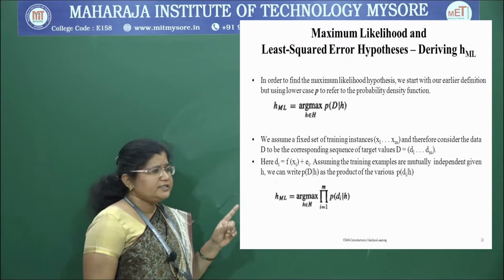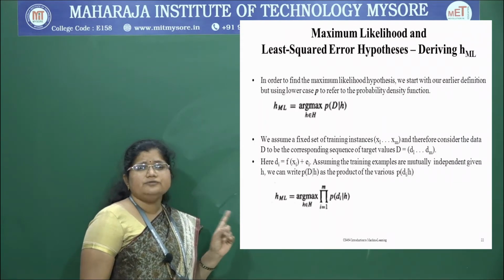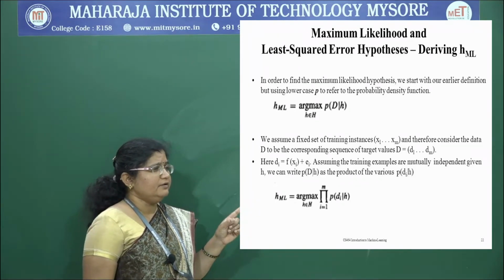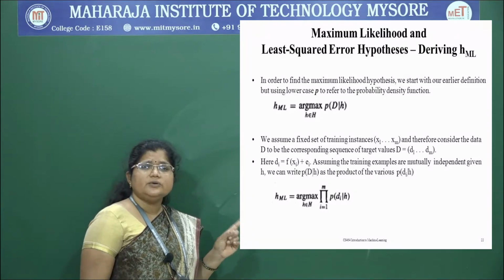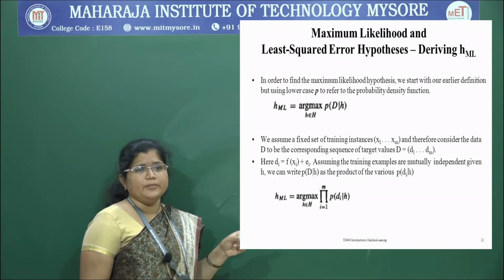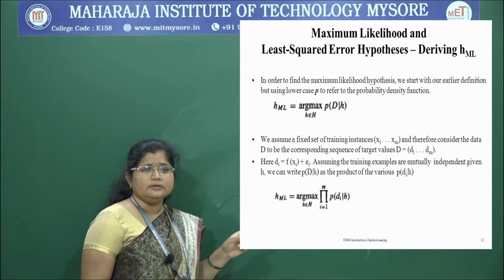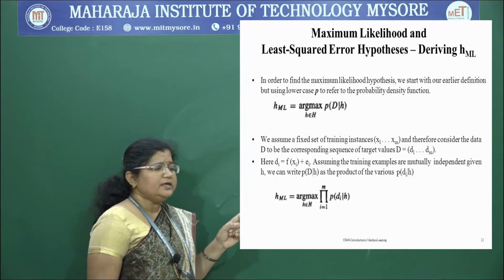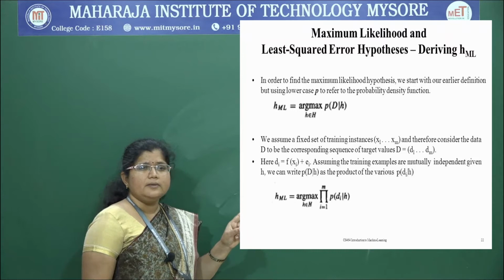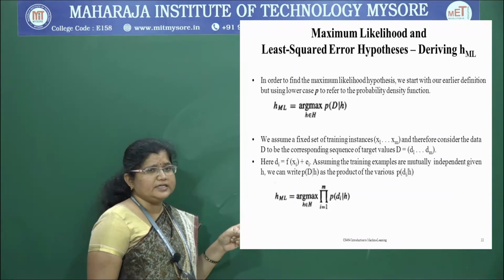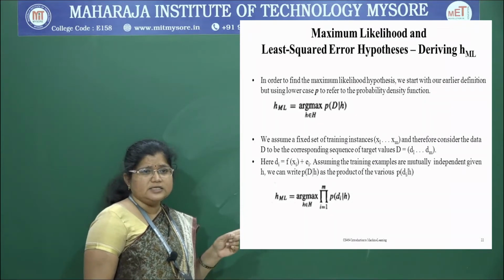X indicates the set of training instances, and capital D represents the sequence of target values, D equals d1, d2, up to dm, where di is equal to f of xi plus ei when the target value contains an error.